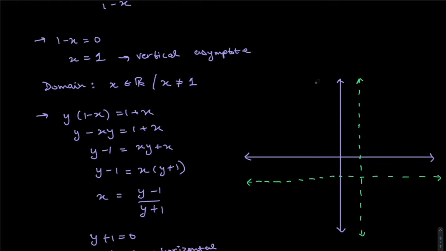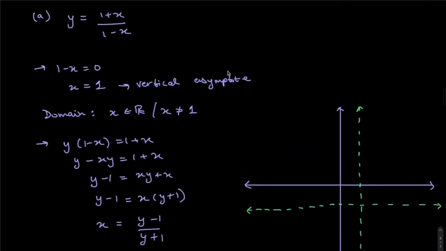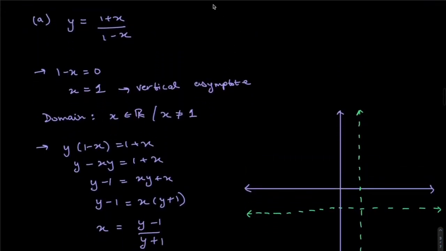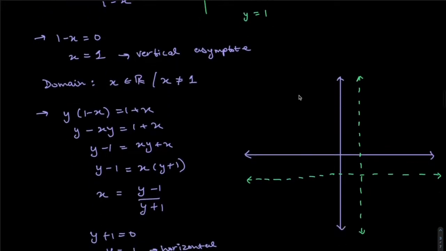So like I said before, I'm going to have maybe one line. Either I'm going to have this or I'm going to have this, right? It's all going to be done with respect to the green dotted lines. So again, what I can do is find the y-intercept of the curve. The y-intercept will be y is 1 plus 0 over 1 minus 0, which will be 1, right? So 0 comma 1 is one of the points.